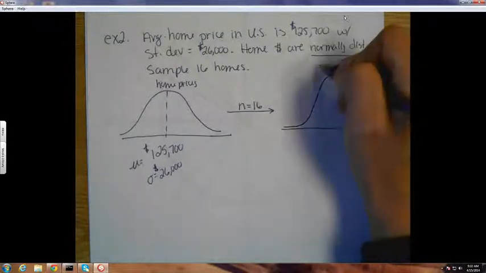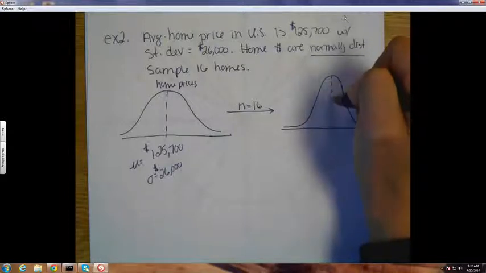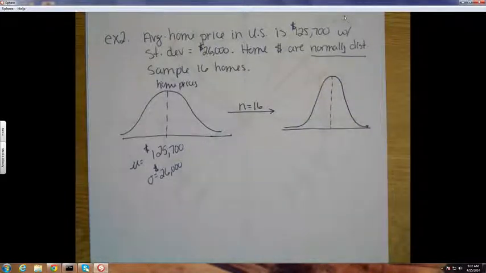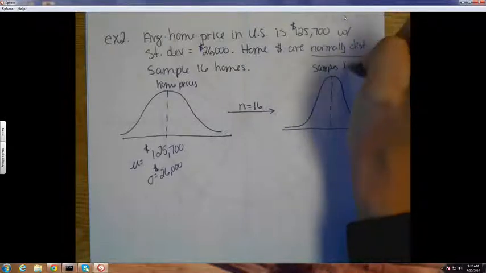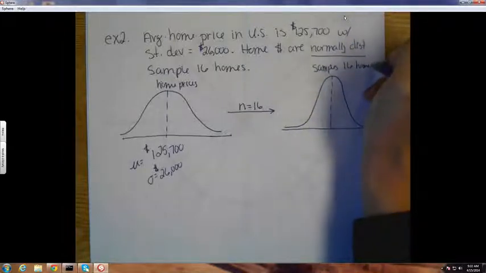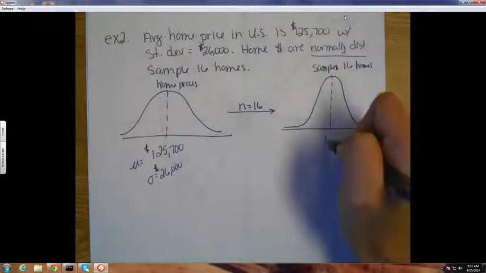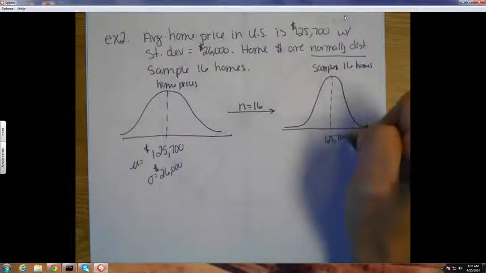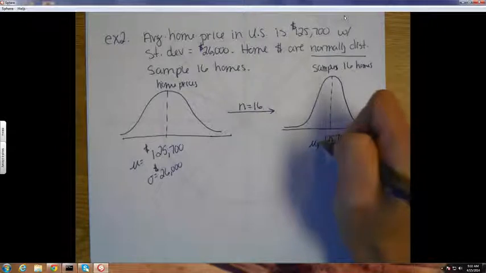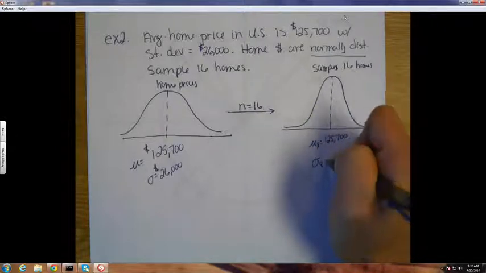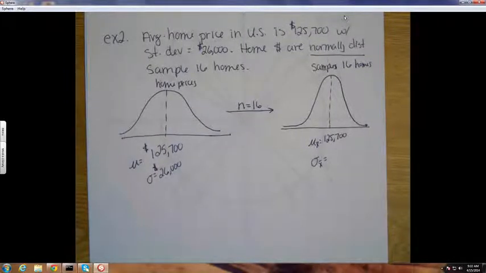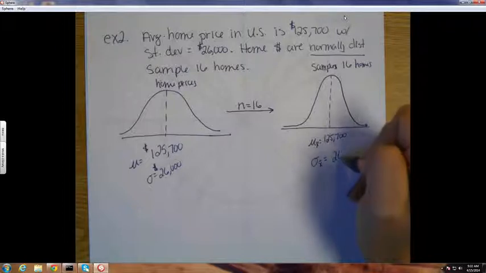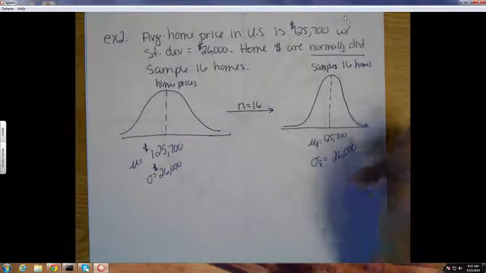Samples, this is my 16 home distribution. So what do I know the mean of that distribution is going to be? The same. So 125,700. My standard deviation here is not going to be the same. How do I figure it out? $26,000, then what?